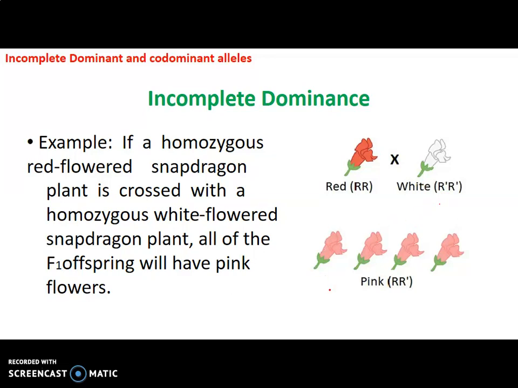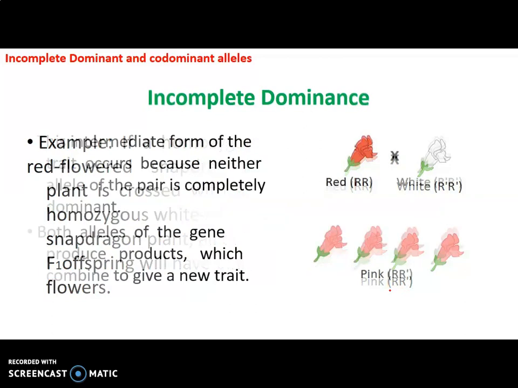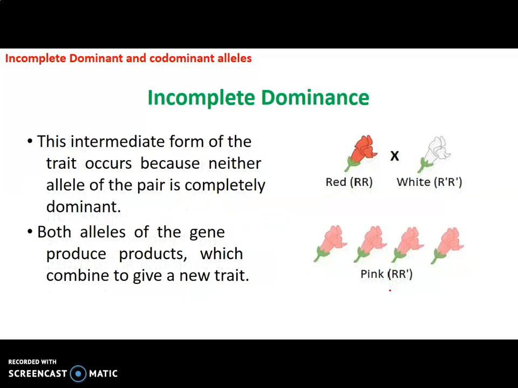We see that the first filial generation will produce a pink color, which is an intermediate between these two colors. Neither did red dominate, neither did white dominate, but an intermediate color is produced. So the intermediate form of this trait occurs because neither of them is completely dominant over the other.